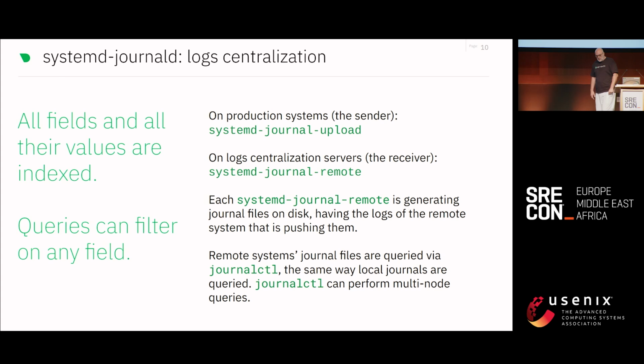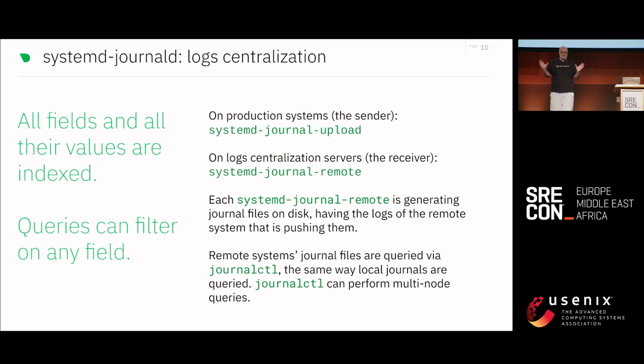Now, in order to have centralization points, how do we centralize the logs? We have, I don't know, 1,000 servers. How do we centralize the logs? So systemd journal comes with the following tools. One is systemd journal upload. You run this to send the local journals to a central place. And then there is systemd journal remote, which is the receiver.